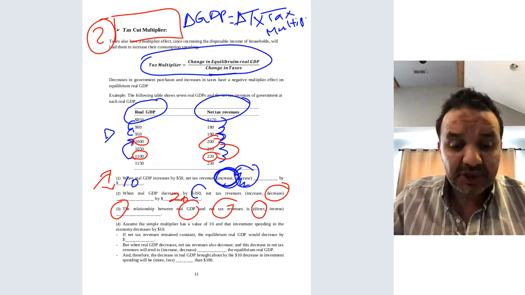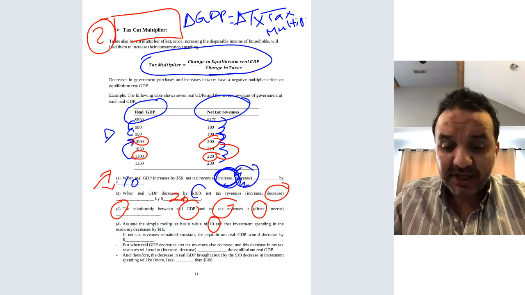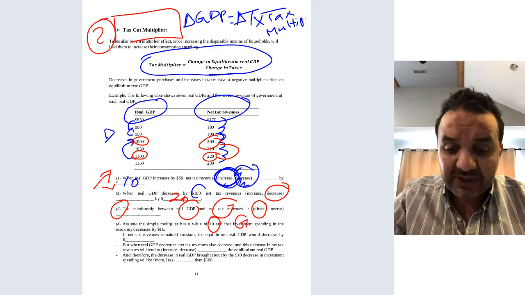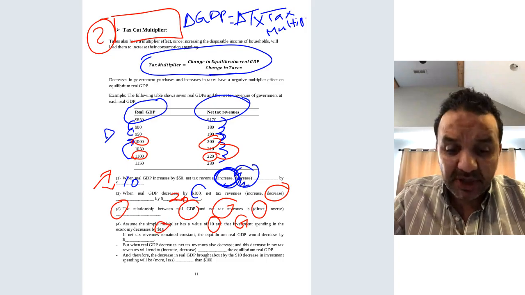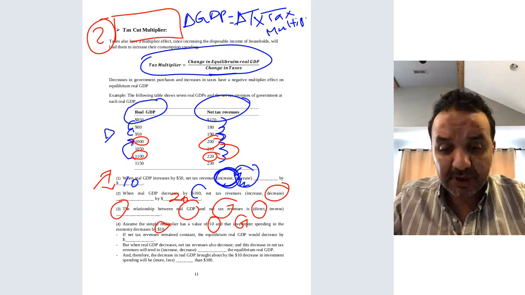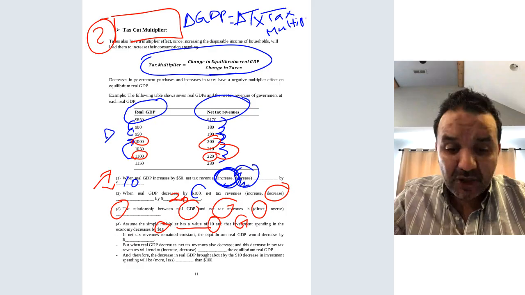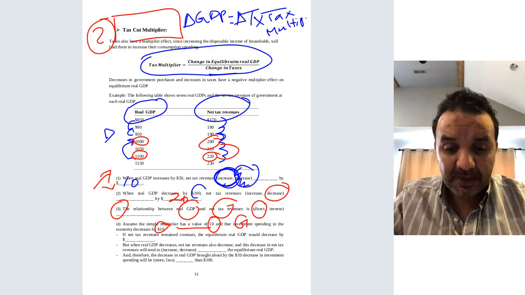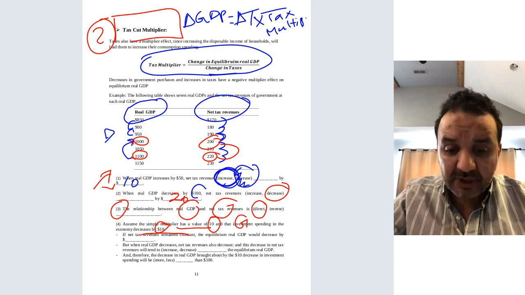In the last question we have assumed that the simple multiplier has a value of 10, and that investment spending, what I mean by investment is government spending, in the economy equals 10. So government spending decreases by 10, and the value of the government multiplier equals 10. If we assume that taxes remain constant, the equilibrium GDP would decrease by how much?